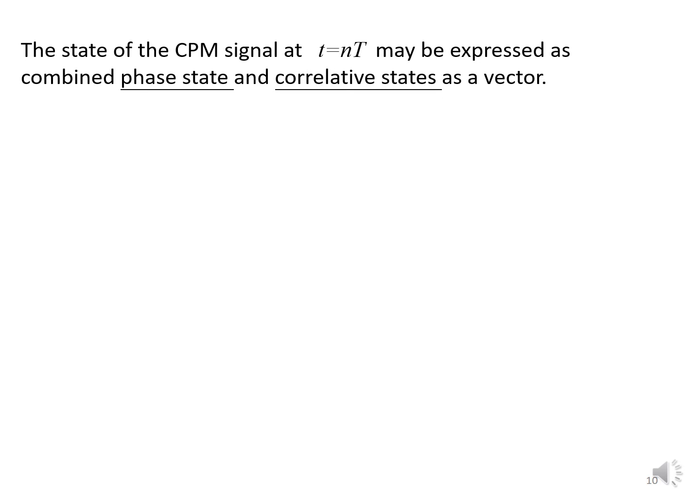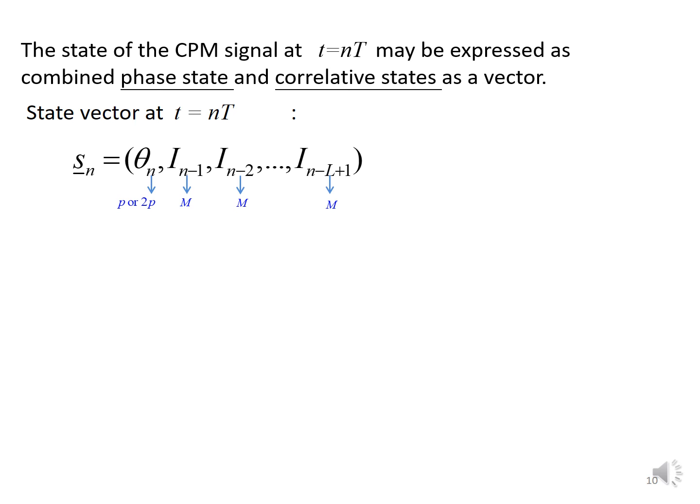And the state of the continuous phase signal when we have t equal to nT may be expressed as a combined phase state and the correlative state as a vector. That's the state vector.